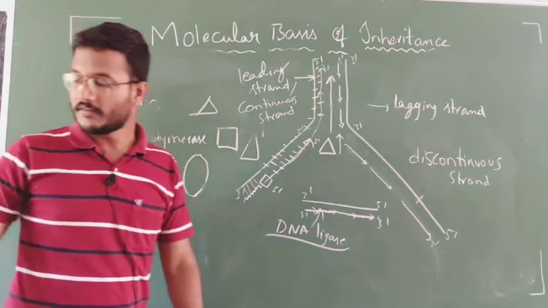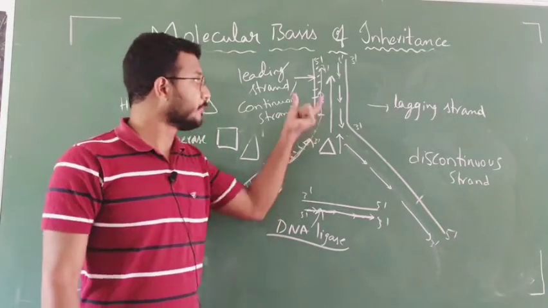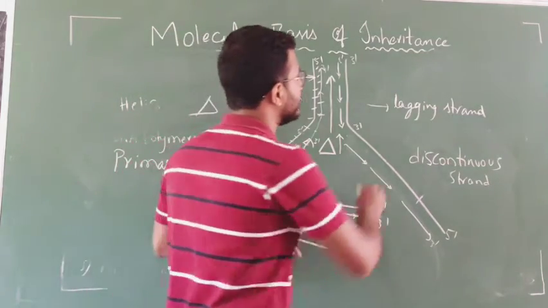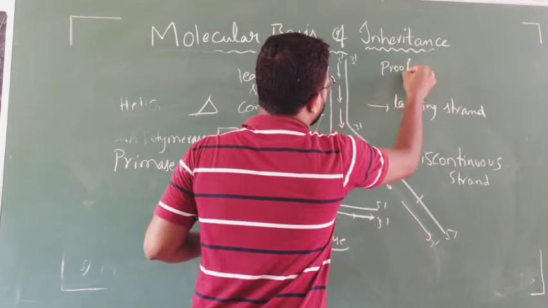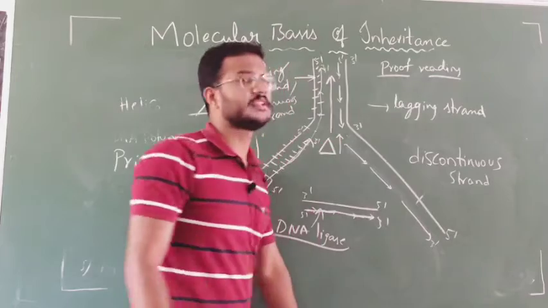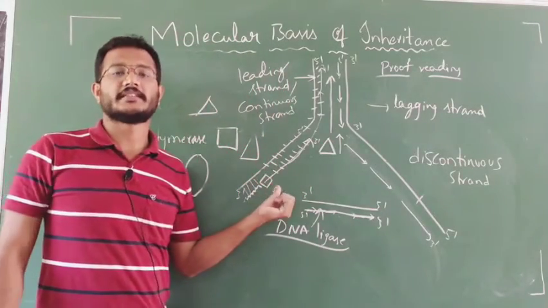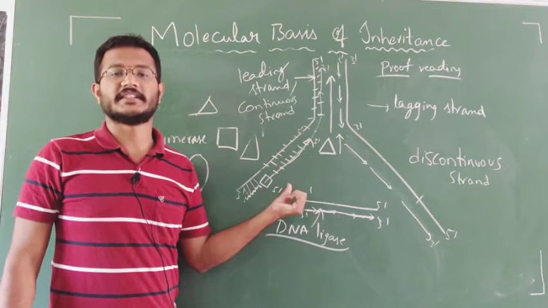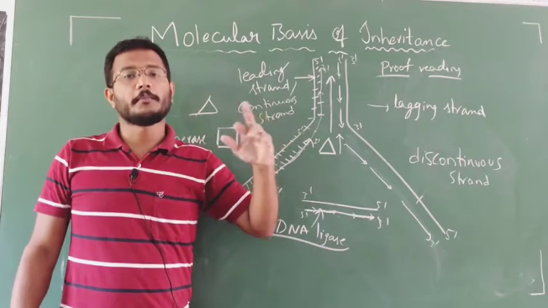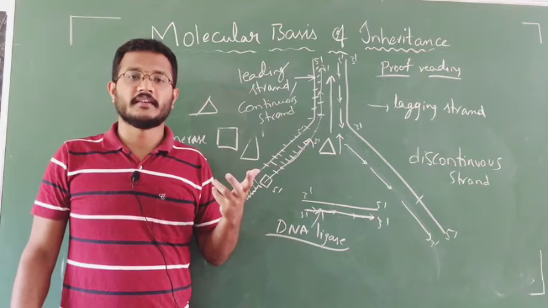And after that, what will happen? The cell machinery will check whether all the process is done in a correct manner or not. That process is known as the proofreading mechanism. What is the proofreading mechanism? For example, A has to match with T, and G has to match with C. If by mistake the complementarity is not matched, then that will lead to mutations in a cell.